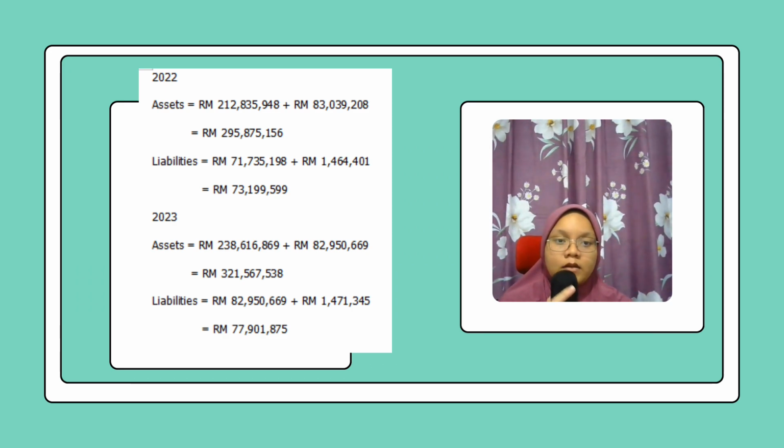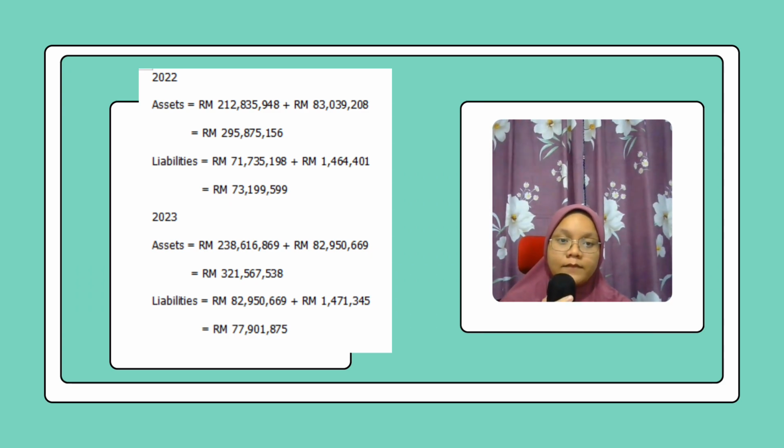And the next is for assets for 2023: RM 238,660,869 plus RM 82,915,669, and the total is RM 321,567,538.